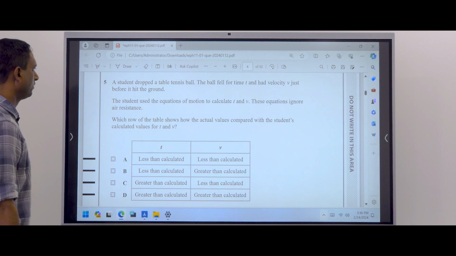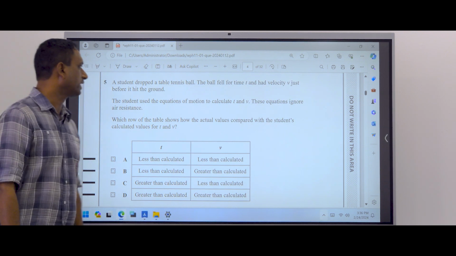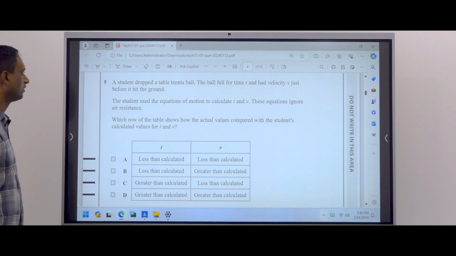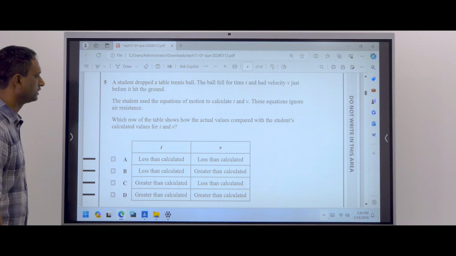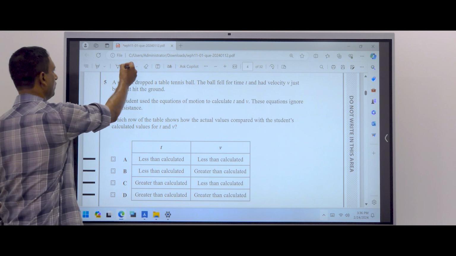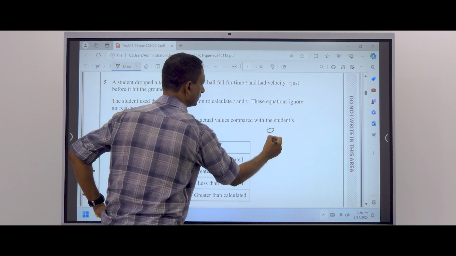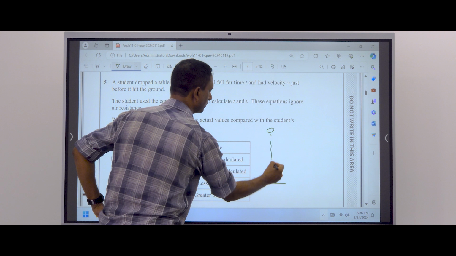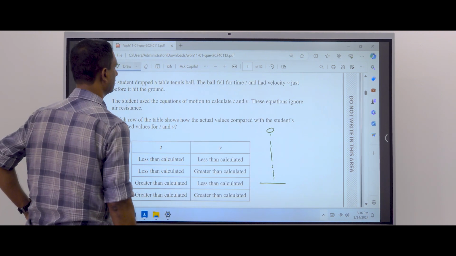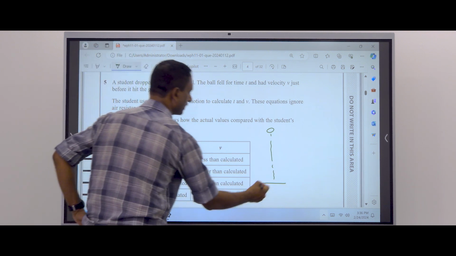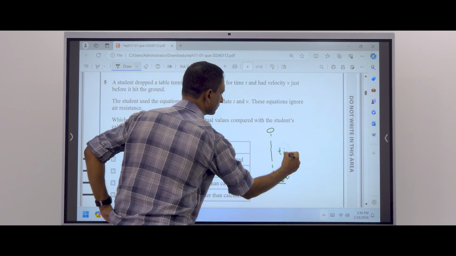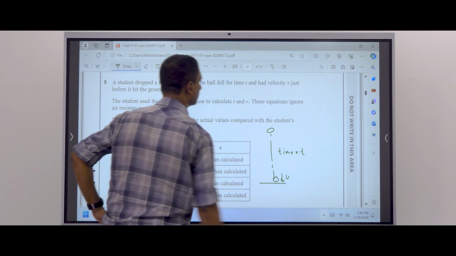A student dropped a table tennis ball. The ball fell for time t and had a velocity v just before it hits the ground. The student used the equations of motion to calculate t and v. A ball is dropped and it hits the ground, then just before hit the ground, velocity is v, time taken is t.